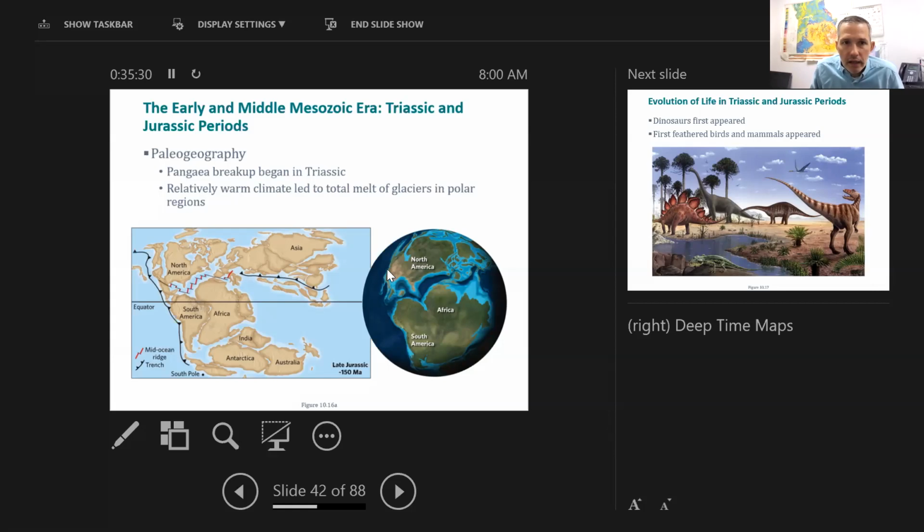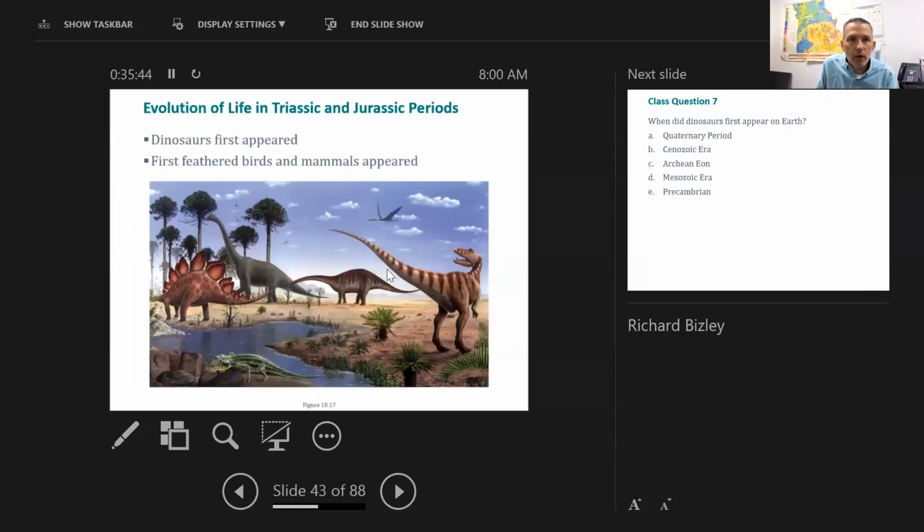We had a series of warmer climate periods where some of the polar glaciers melted off, and this is when we started having dinosaurs in these Triassic and Jurassic periods.